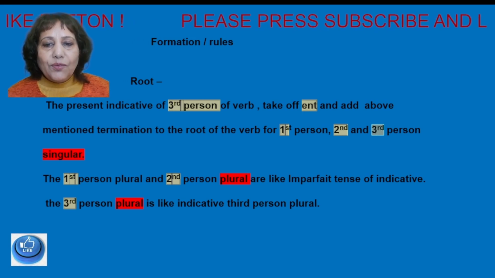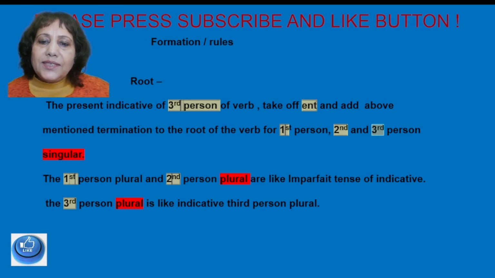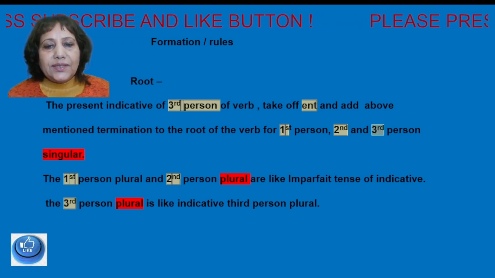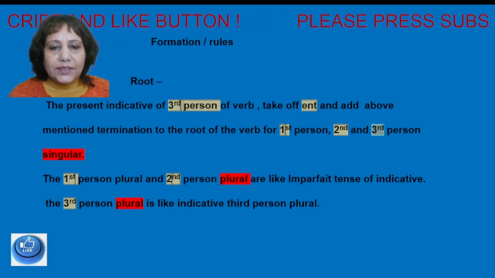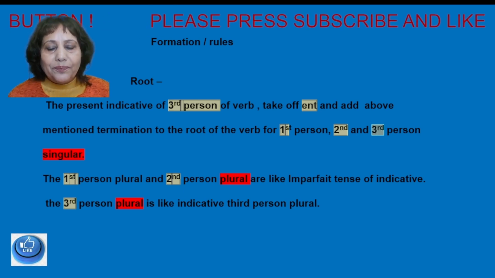So, how to form, the formation or the rule to make the subjunctive verb form. So, the root, what will it be? We take the present indicative of the third person of the verb.